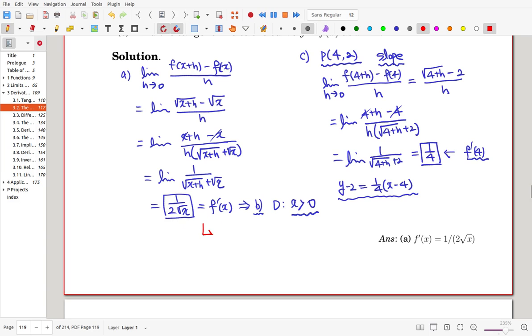So from here, once x equals 4, then f prime at 4 equals 1 over 2 square root of 4, which is now 2, so that is 1/4. So we get the same result for the derivative at the point 4.